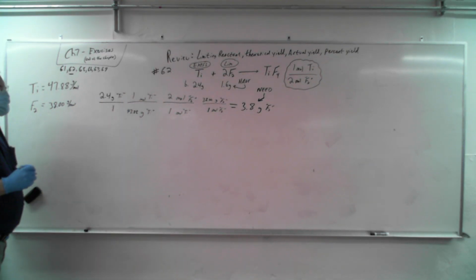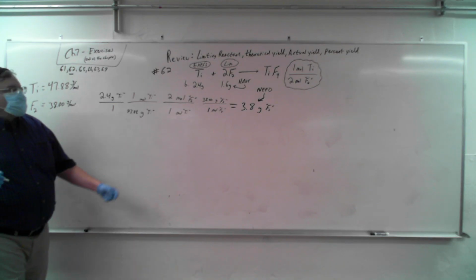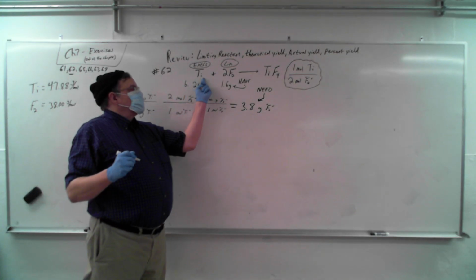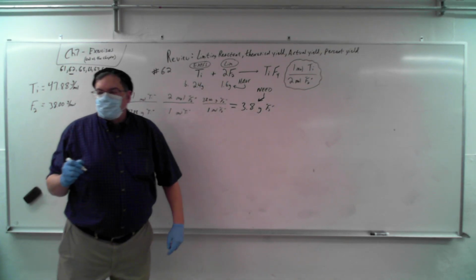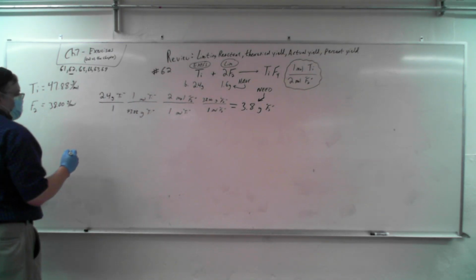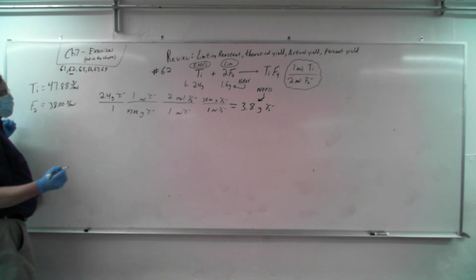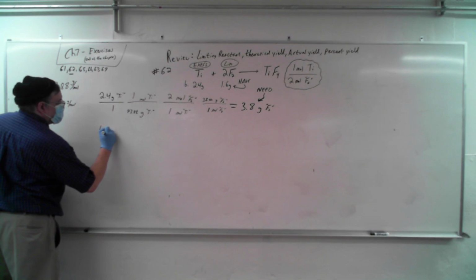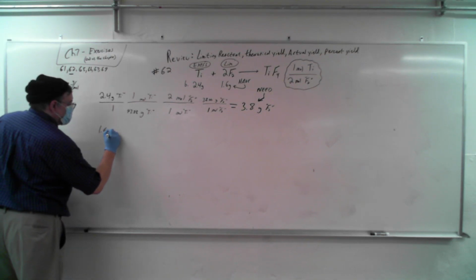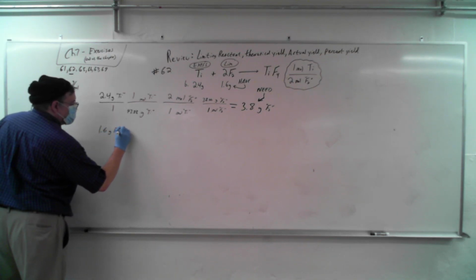And I'll do this the other way too. I told you just pick one, and we just went with it. We chose Ti to compare that to. But what if we had chosen F2? I just want to show you that you come to the same conclusion. If I said, oh, I'm going to do F2 first, and I went 1.6 grams of F2.